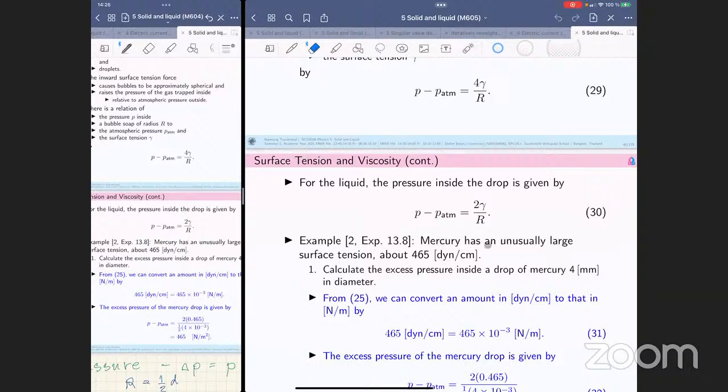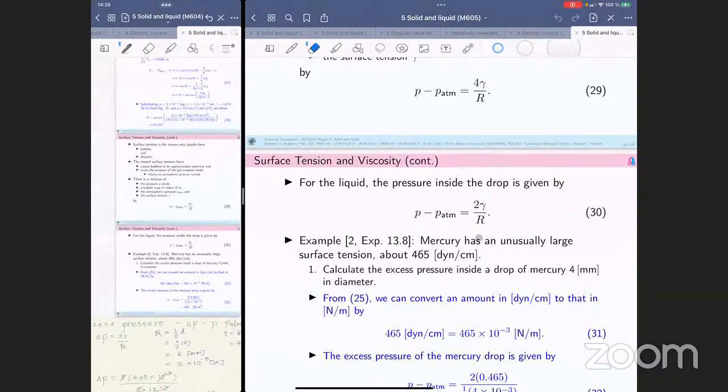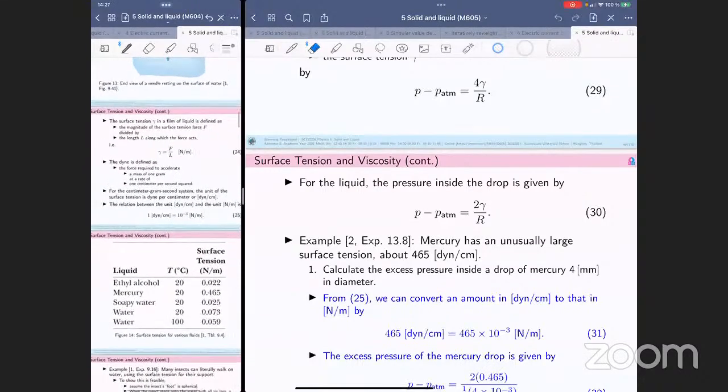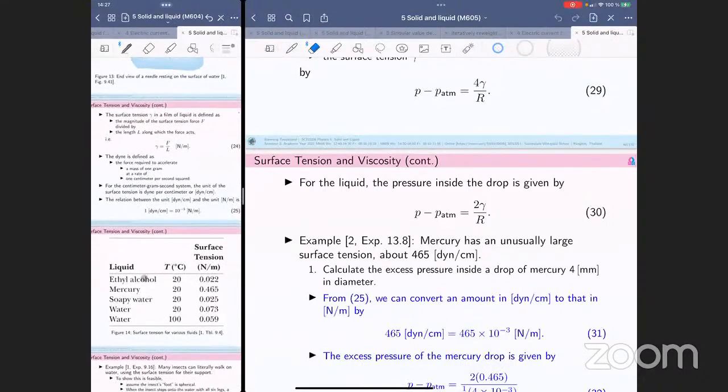Mercury has an unusually large surface tension. If you take a look at the table of surface tension as we have seen last time, mercury is over there.